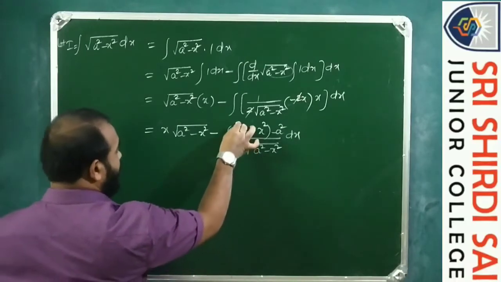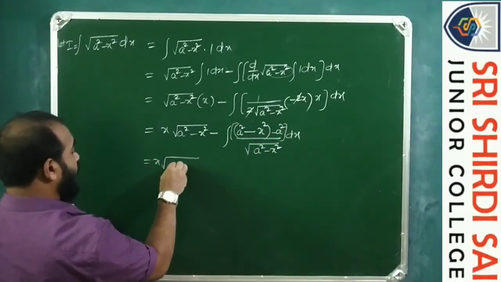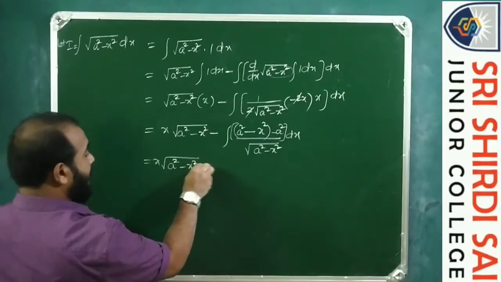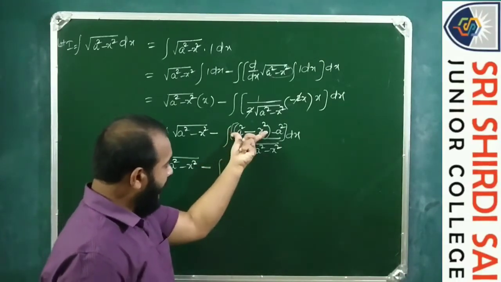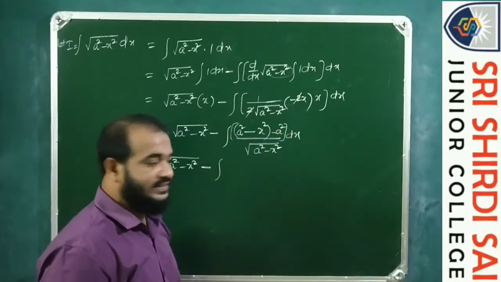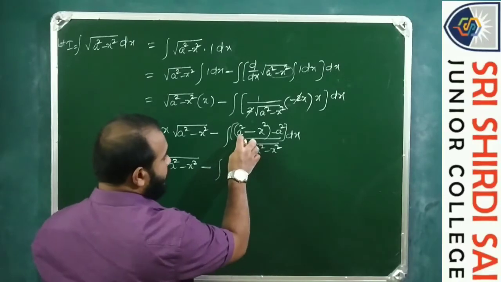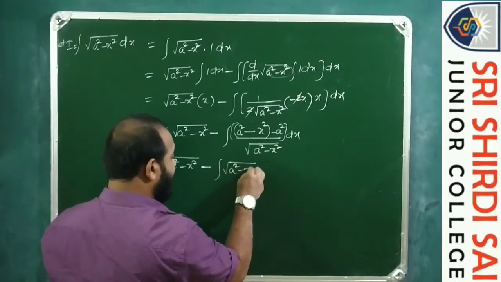So this is equal to x root of a square minus x square minus, using a minus b by c equals a by c minus b by c, a square minus x square by root of a square minus x square, which is root of a square minus x square.